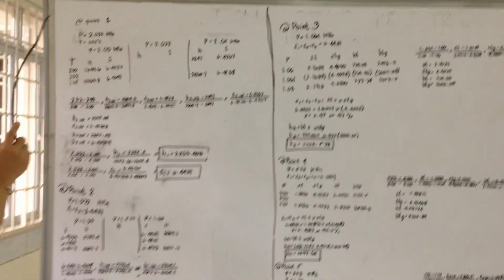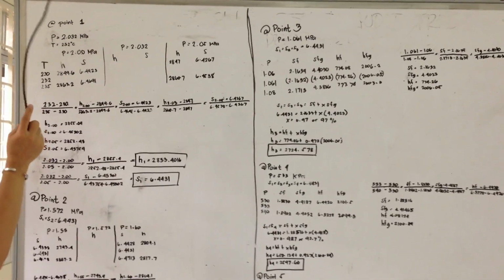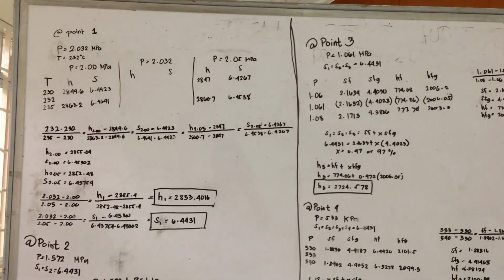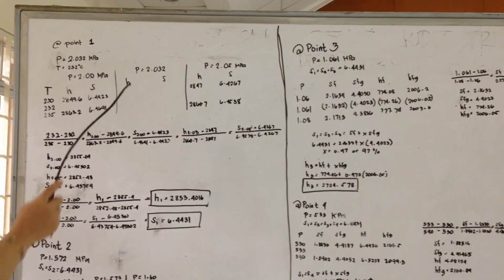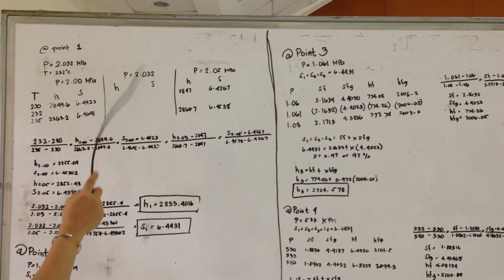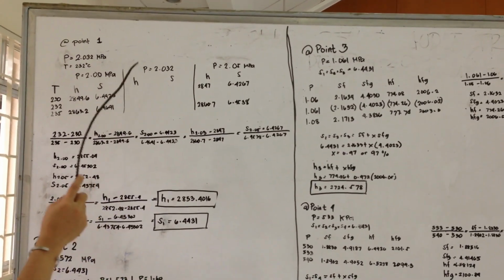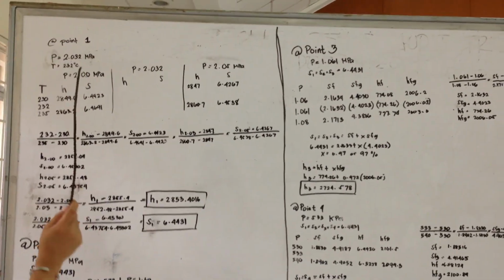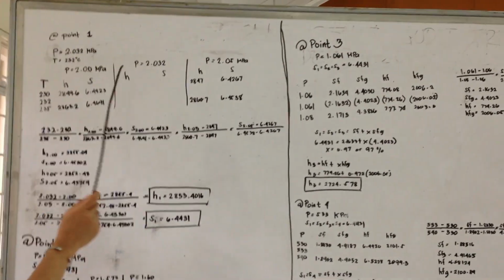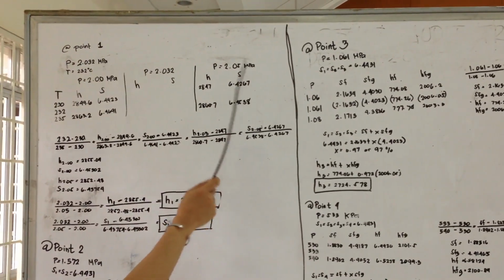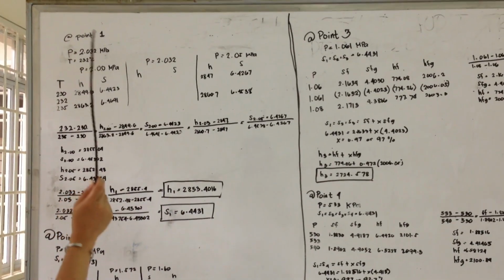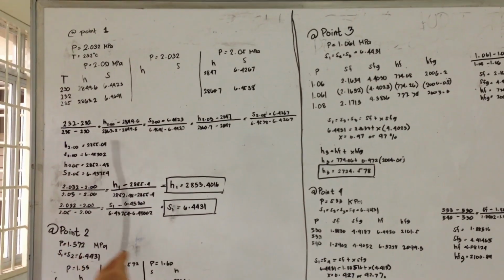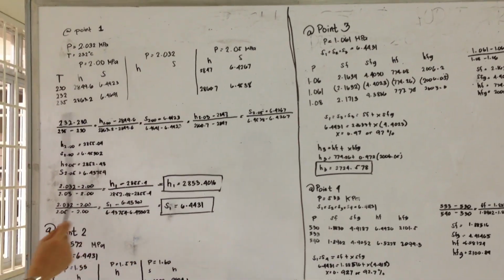So we have a given pressure of 2.0321 MPa and temperature of 232 degrees Celsius. Since we can't find the 2.032 pressure directly, using interpolation, we have to use 2.0 MPa and 2.05 MPa in order for us to get the entropy and enthalpy. So this solution is the interpolation.